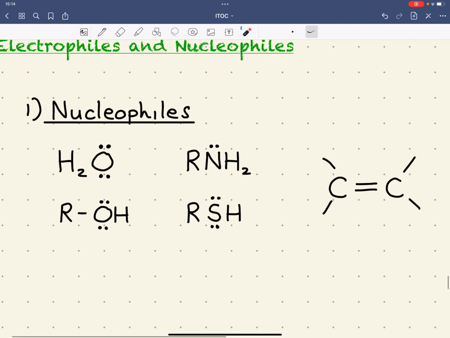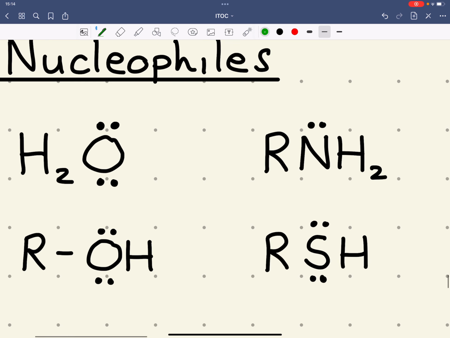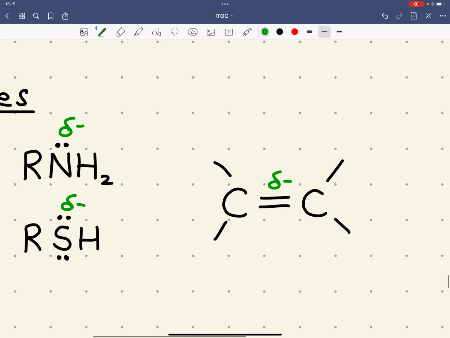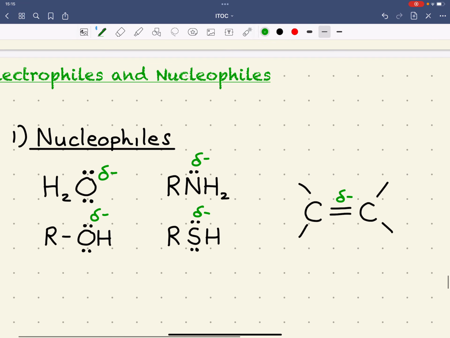And these are usually all species that have got a delta minus on them, more often than not, and this is a region of electron density as well. And these regions of negativity will try and attack molecules which have got what we call an electrophilic centre, some region of the molecule which is deficient in electrons.